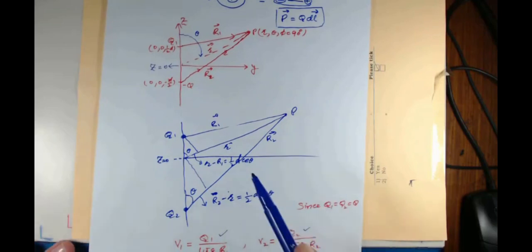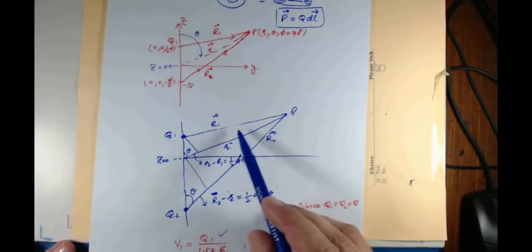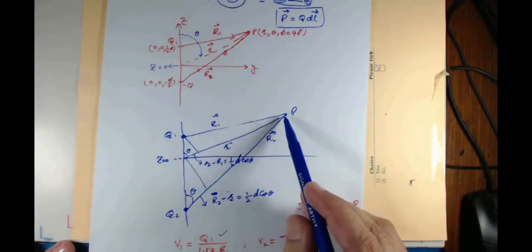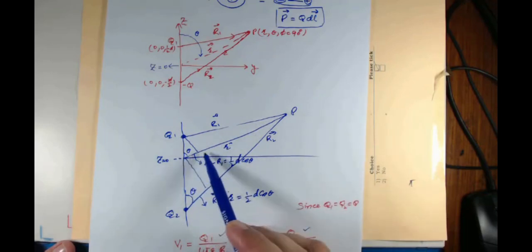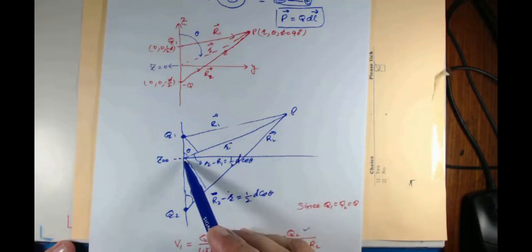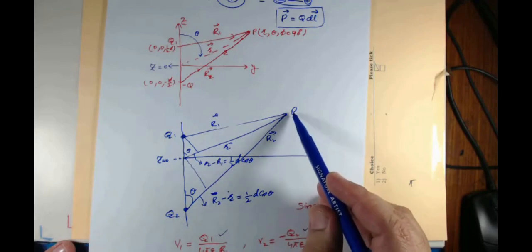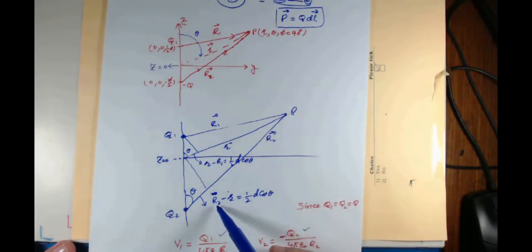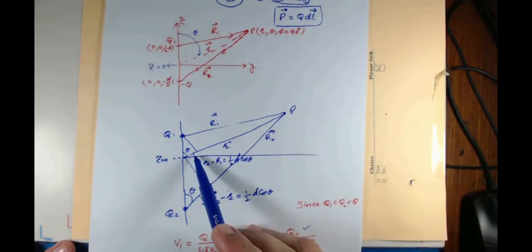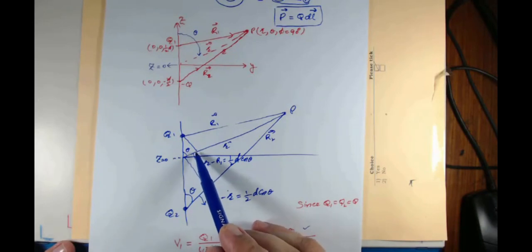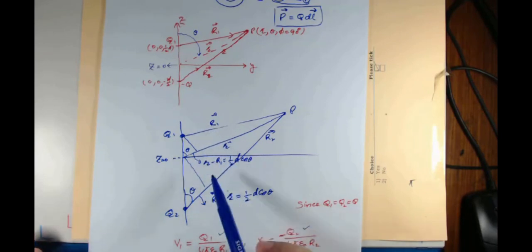R1 represents the distance between Q1 point and the distant point P, and r represents the distance between the z equal to 0 plane, which is at 0 potential, midway between the two charges, and the field point P. And R2 is the distance between the Q2 charge and the field point P. When we are very close to the electric dipole, there is a small difference between the two vectors, R1 and R2.